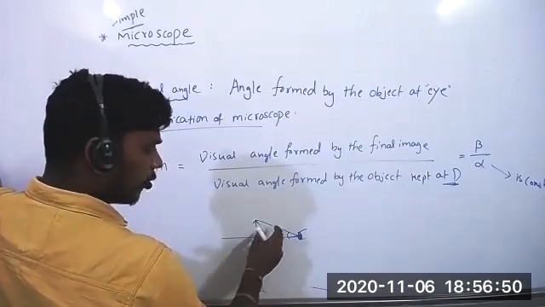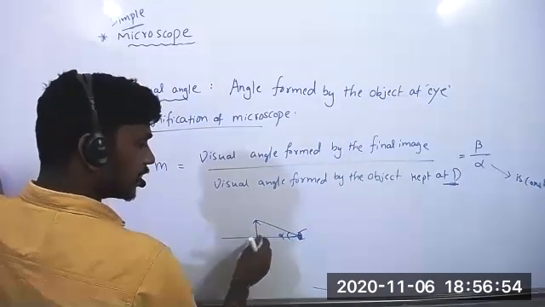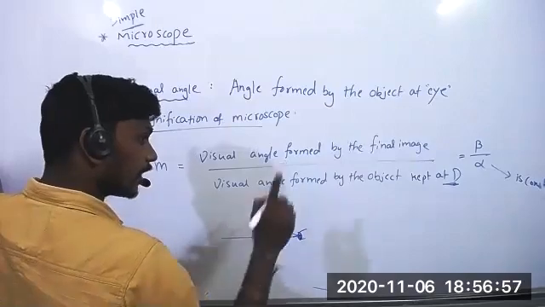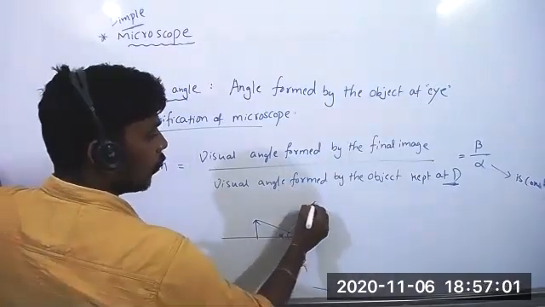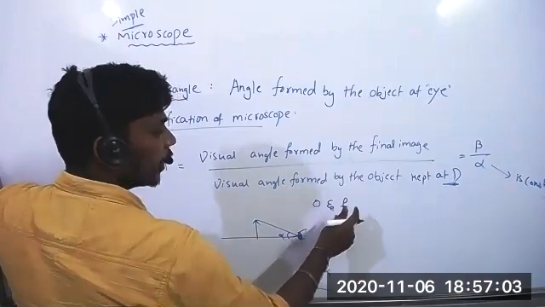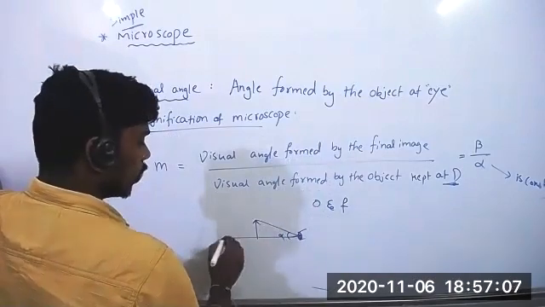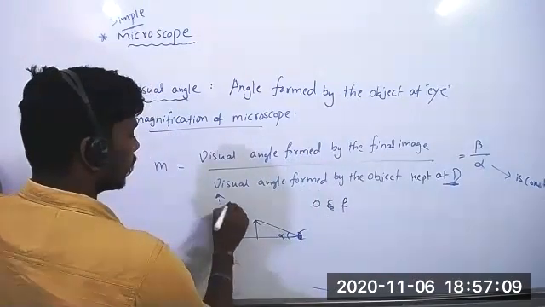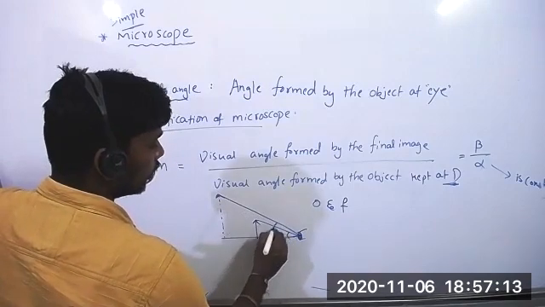Now, if you place a convex lens, in one of the cases, when the object is placed between O and F, you will get a big image. This image also forms an angle. So this is called beta.